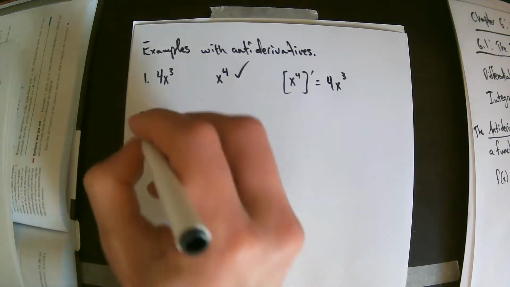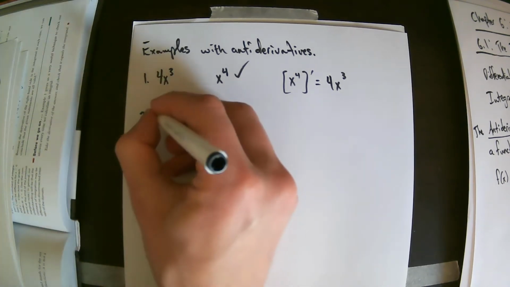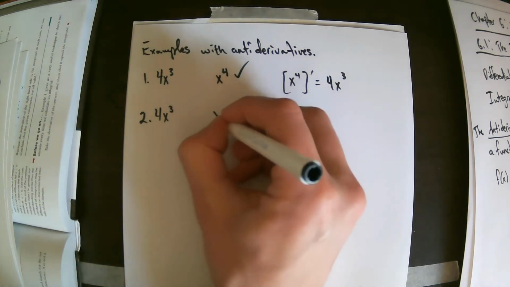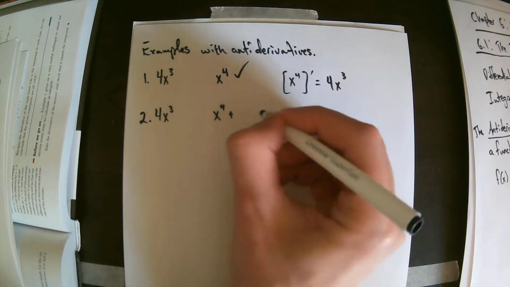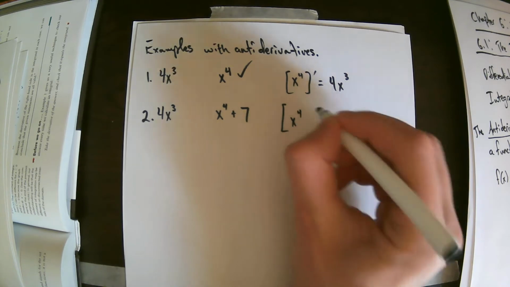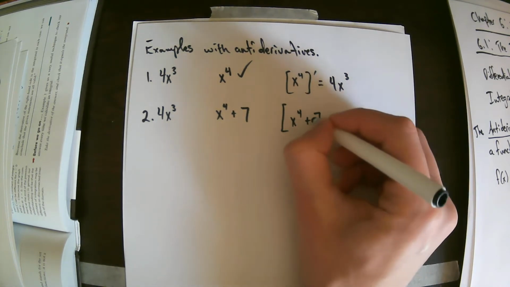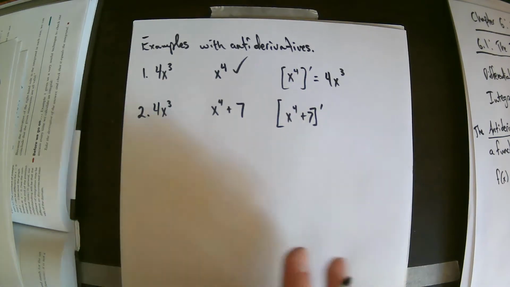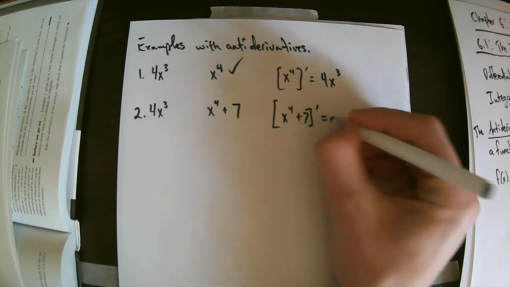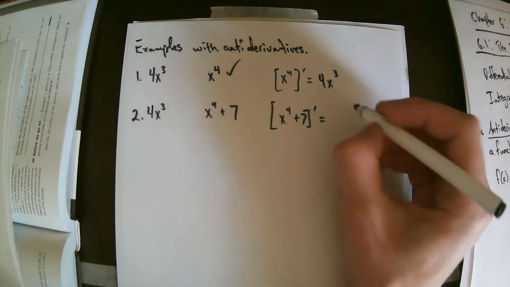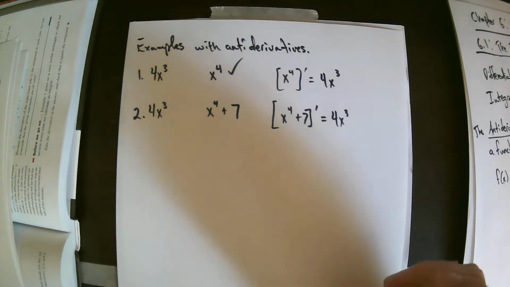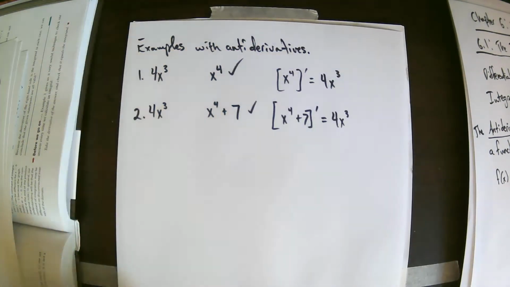What about another one, 4x cubed, but couldn't I say x to the fourth plus some number like 7? Is this still a legitimate answer for the antiderivative of 4x cubed? Well, what is the derivative of x to the fourth plus 7? It's still 4x cubed, because the 7 goes away, right? Derivative of a constant is 0. So this is also a legitimate answer.